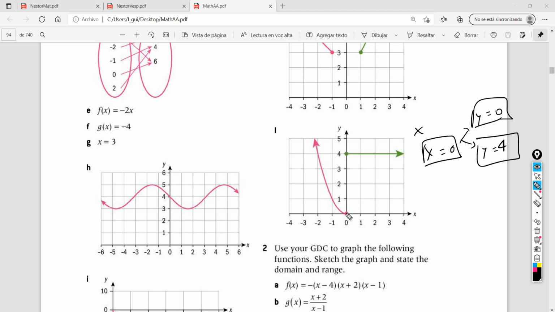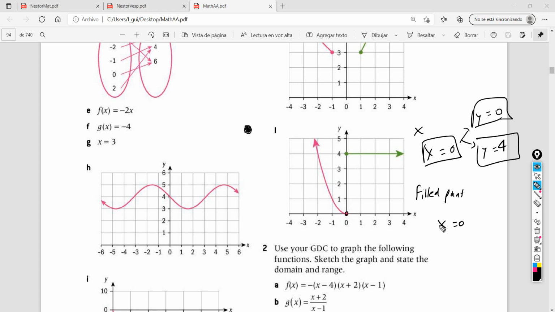If this value were not included in this part of the graph, like let's say instead of a filled point, we had a void point representing that this point is not part of this graph, then this would be a function. Because for x equals 0, if the function was drawn in this way, instead of a filled or solid point, it's just a void point like this.